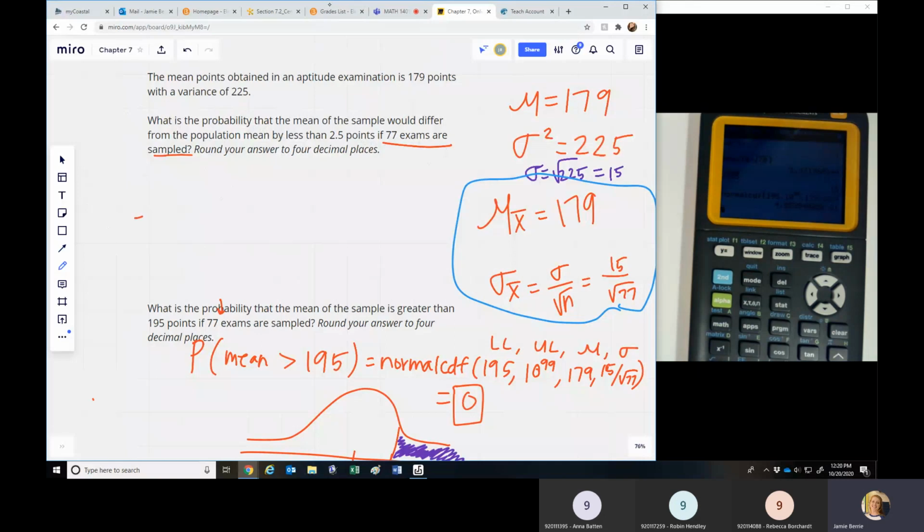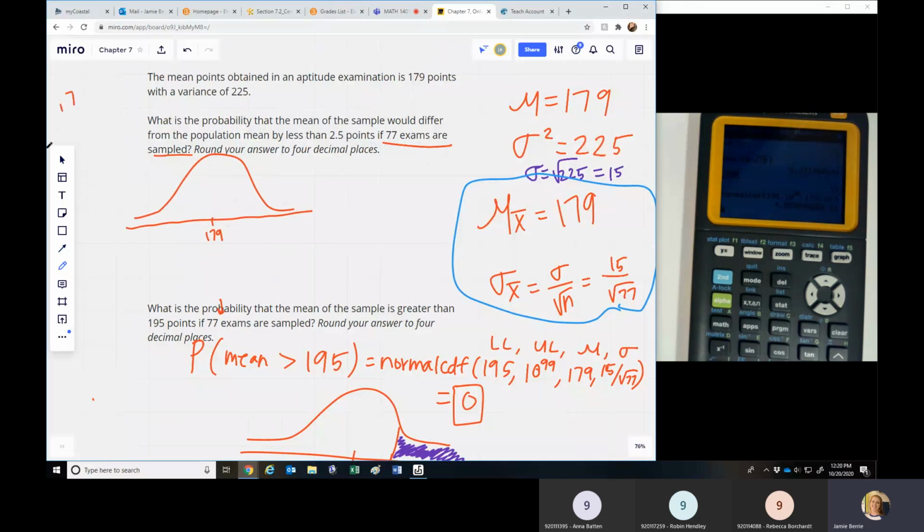All right, so I'm going to draw the picture. It's going to be a little easier to see what the question is asking once we draw it. Put the mean in the middle. Mean is 179. So what's the probability that the mean of the sample would differ from the population mean by less than 2.5 points? Let's figure out what would be to the left if we went down 2.5 points.